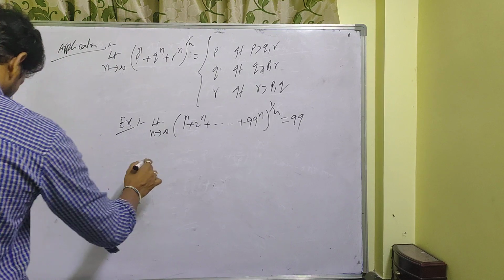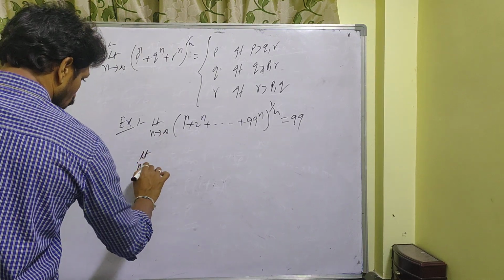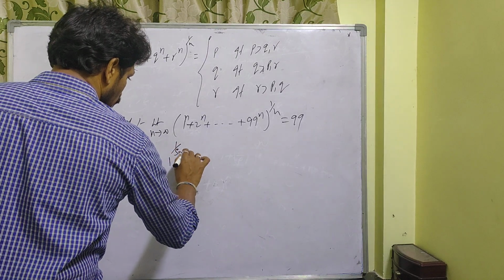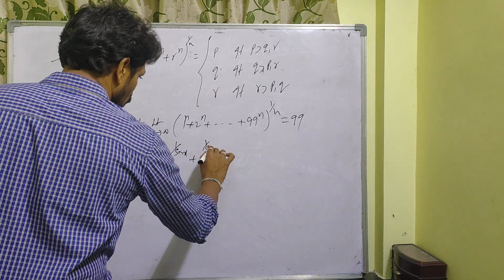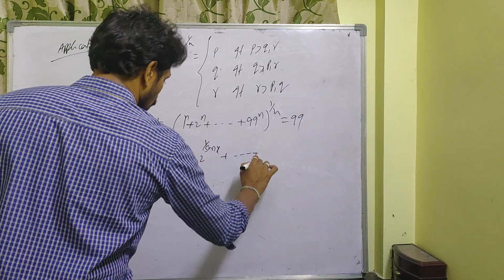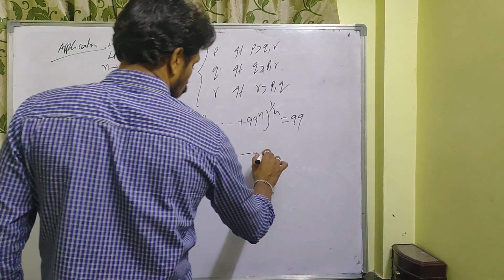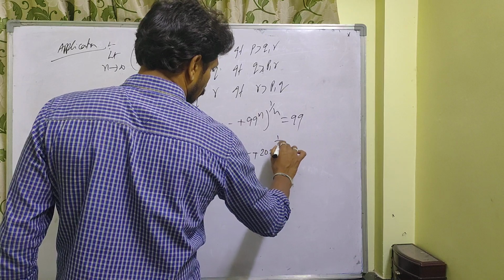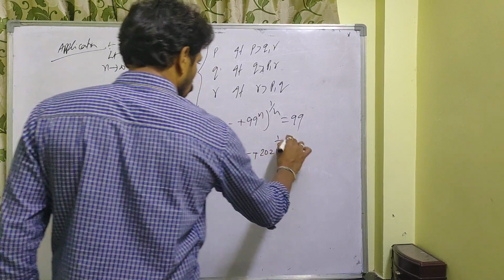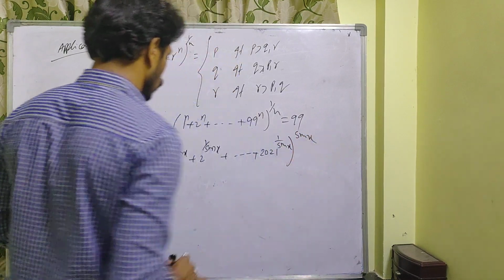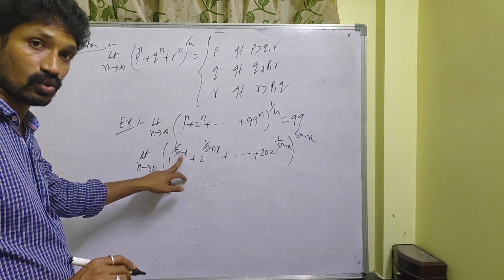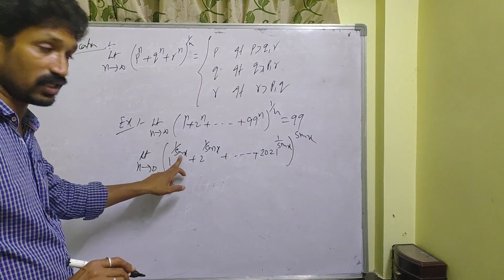Next question based on this one. Limit x tends to 0 of (1 power 1 by sin x plus 2 power 1 by sin x plus and so on plus 2021 power 1 by sin x) whole power sin x. As x tends to 0, 1 by sin x tends to 1 by 0, that is infinite.